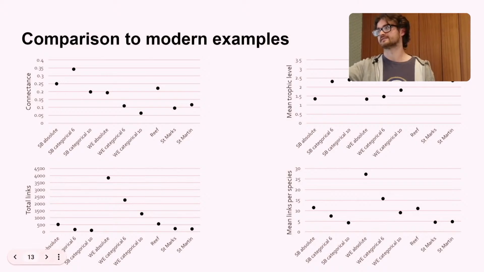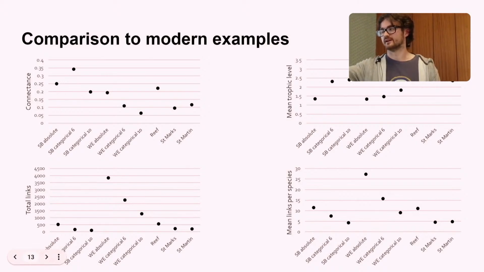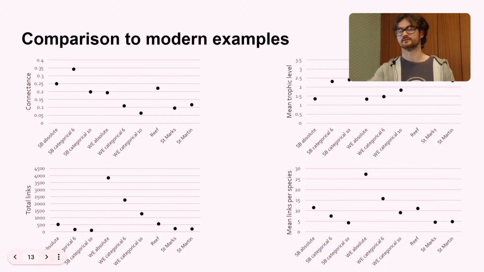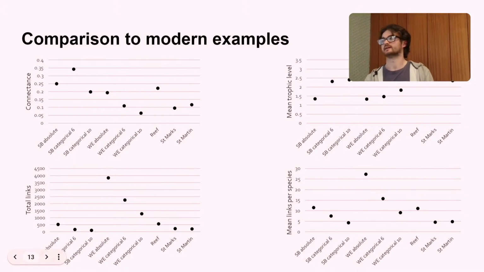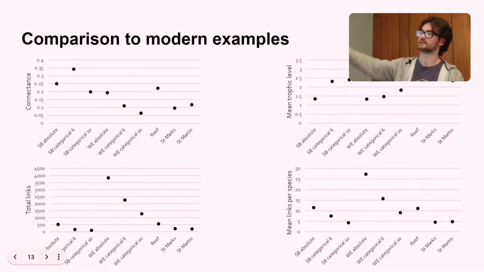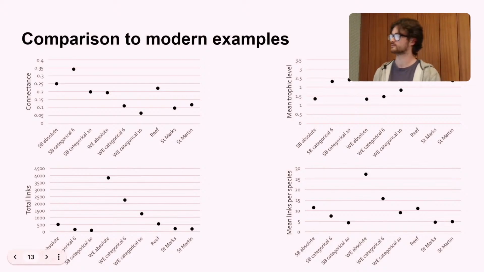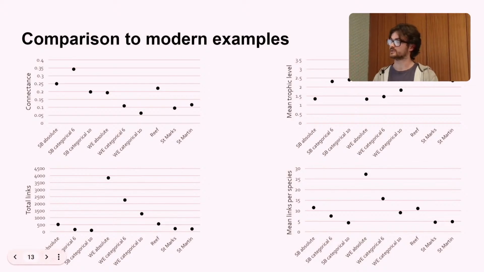So the reason that the Western Europe webs are so massive on total links is really a function of just the fact that there were so many organisms in the dataset. But again, total links goes down as the rules become more restrictive. And then mean links per species is a similar pattern again. It goes down as the rules become more restrictive, because organisms are not allowed to interact with as many.